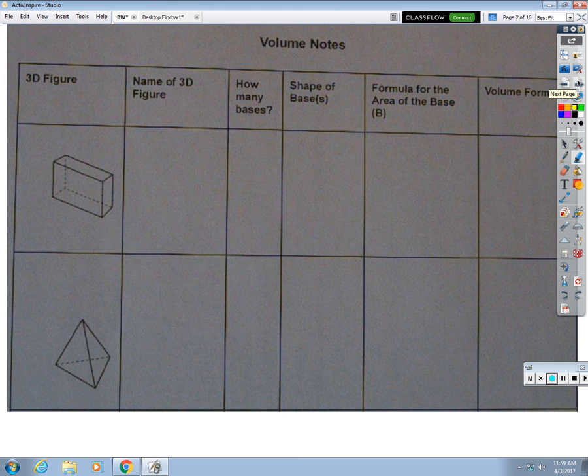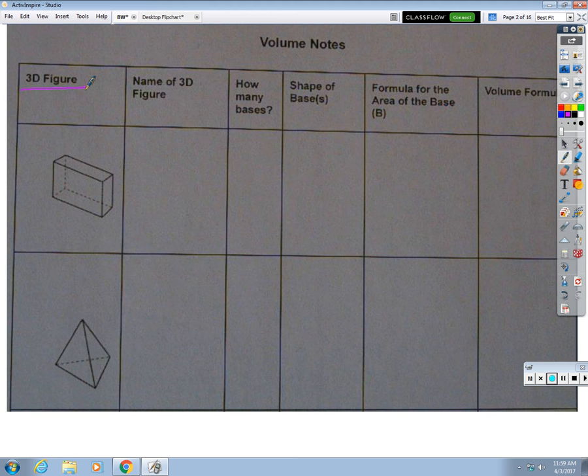Open your notes up. If you'll look at the top of the notes, right here it has 3D figure, and along that column, all the way down, we have these three-dimensional figures.